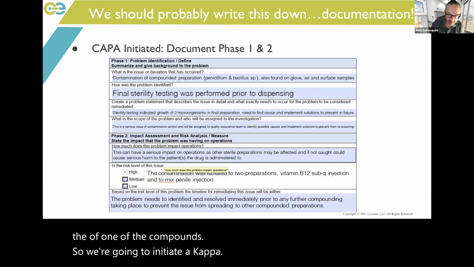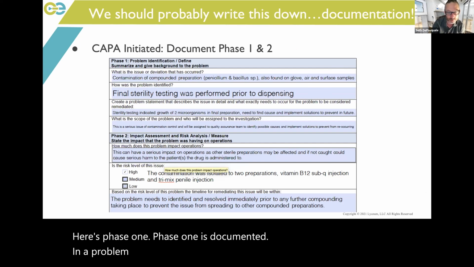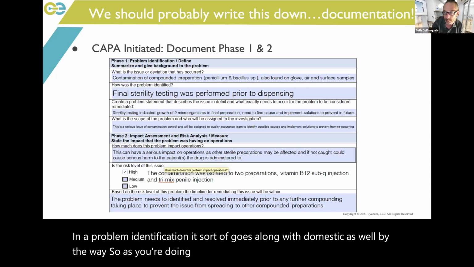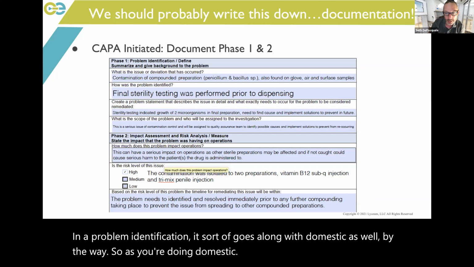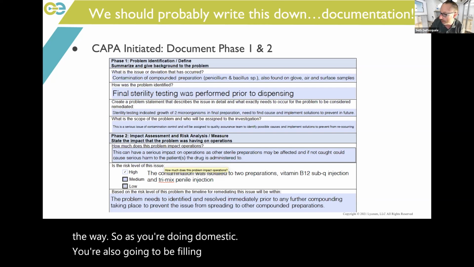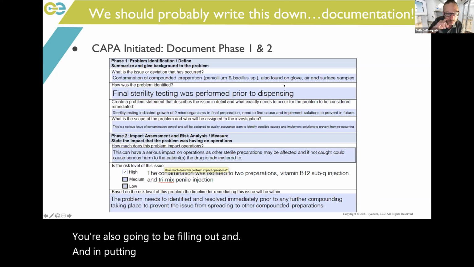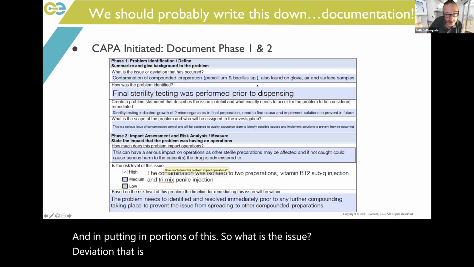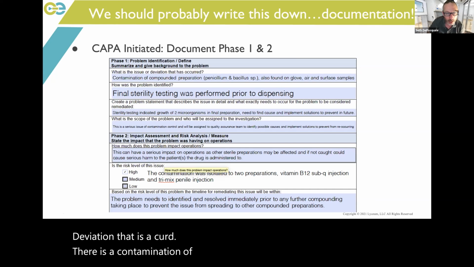Here's phase 1. Phase 1 is to document a problem identification. It goes along with DMAIC as well, by the way. So as you're doing DMAIC, you're also going to be filling out portions of this. What is the issue or deviation that has occurred? There is a contamination of a compound preparation.